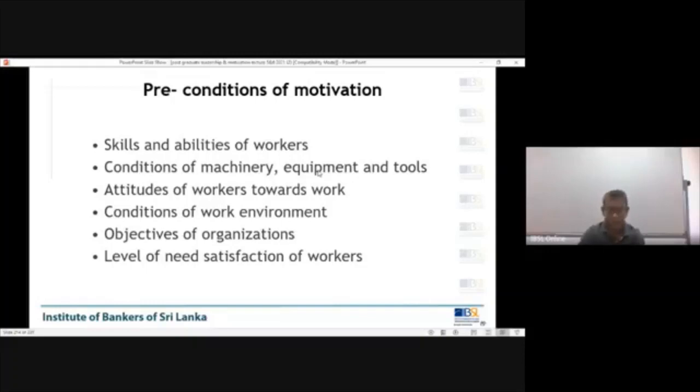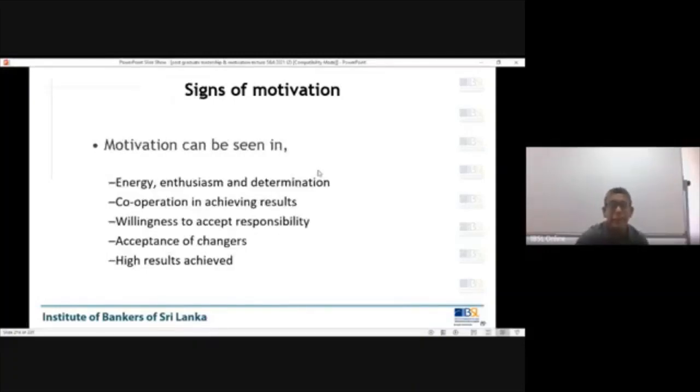Okay, then how do you know whether your employees are motivated or not? You can see energy, enthusiasm, determination, cooperation, willingness to accept responsibility, acceptance of changes, high results achieved. These are some signs of motivation.